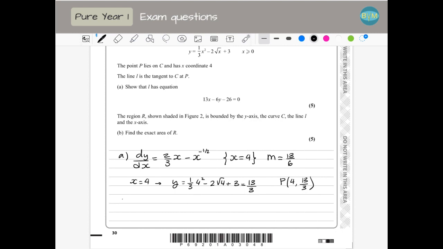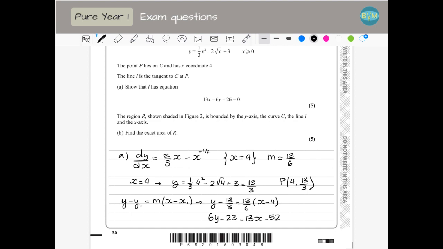And now that I have the point and the gradient, I can use this: y minus the y of the point is the gradient times x minus the x of the point, to find my equation. So I have y minus 13/3 is going to be gradient 13/6 times x minus the x of the point, and it's just a matter of rearranging and organizing the equation. So I'm going to multiply all by 6, and I have 6y minus 26 is 13x minus 13 times 4, which is 52.